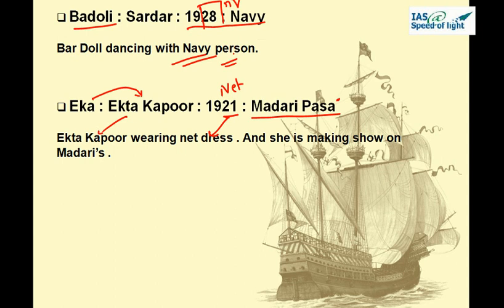Madaris are the people who show different acts of animals like monkeys and all. So she's making a show on Madaris, and it was in the area of Awadh. So for these movements, the important leaders, their years and their regions become quite important.